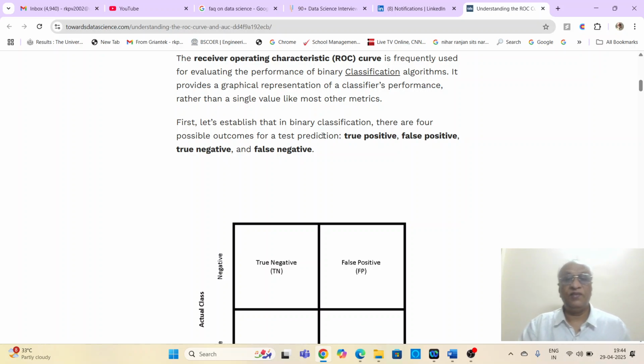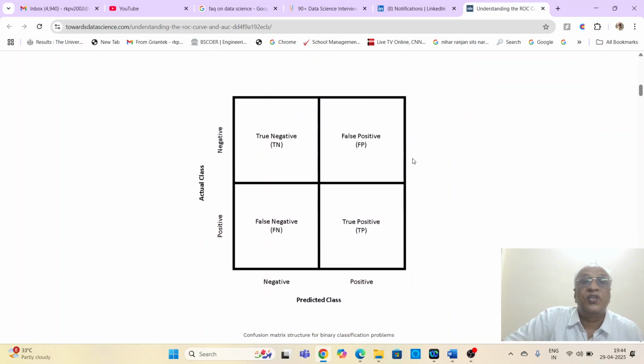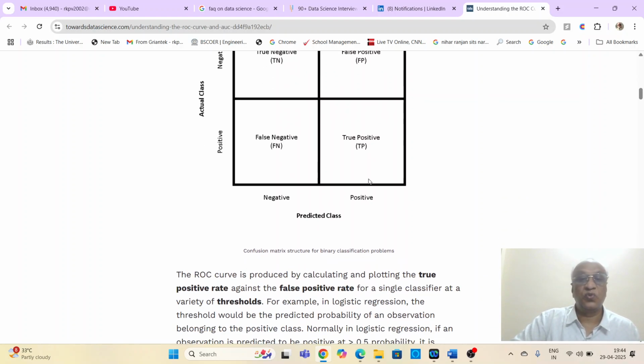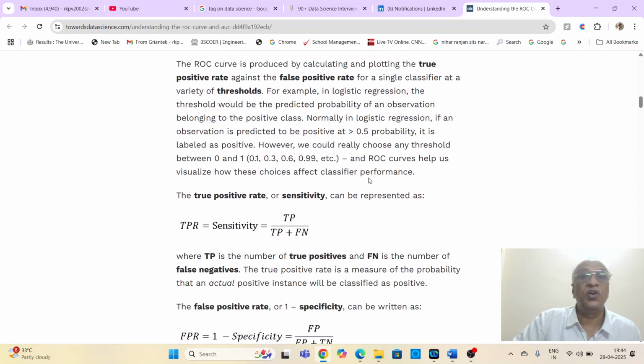For this, again, we need to connect with true positive, true negative, false positive, and false negative. We already know them. Now, ROC curve is derived by plotting the true positive rate against the false positive rate with different thresholds.